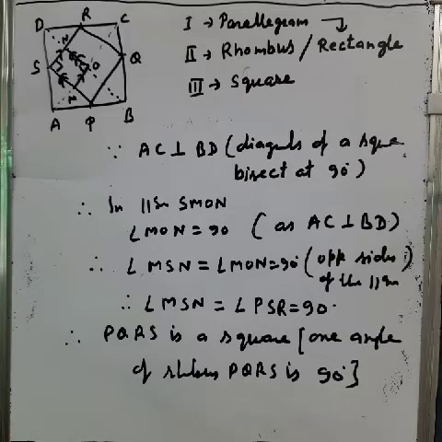If a rhombus, then the second step also. If a square, then one more, the third step. And if you have to prove it is a rectangle, you first prove it is a parallelogram, and then you need to prove a 90 degree angle. Clear? And it will become a rectangle.